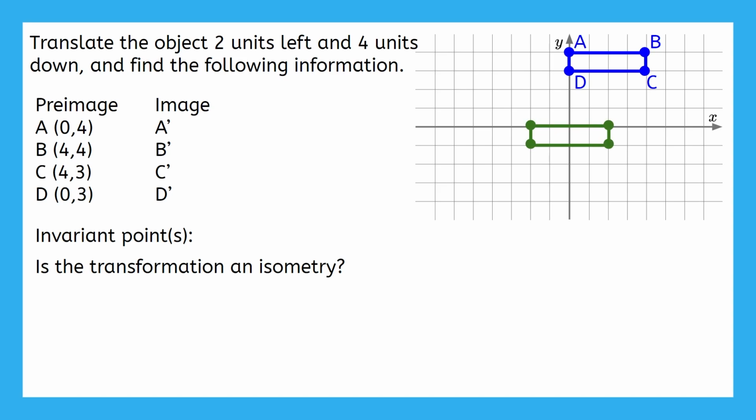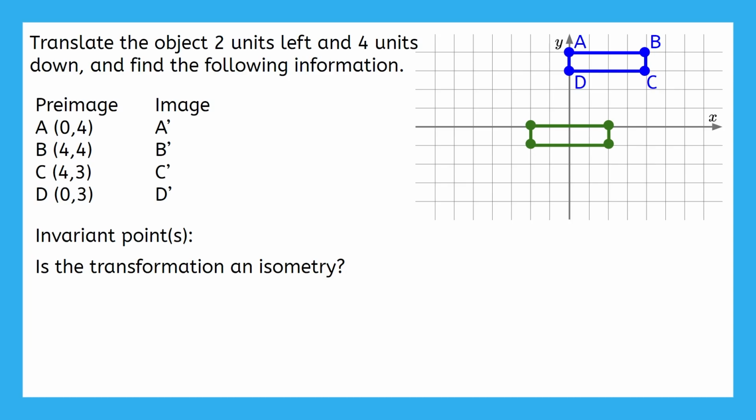Here it is. When making your sketch, did you label the vertices on the image? If not, do that now. When labeling our new vertices, it can be helpful to lightly sketch in the arrows that will help us visualize the changes.